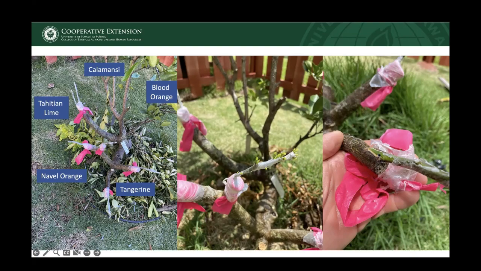And this is kind of what's happening on that branch. Once this graft takes, this eventually becomes the branch. And then what I do from here on is make sure that any buds that come up on this branch below this graft union I remove, so that I have more energy going to that particular plant or variety.